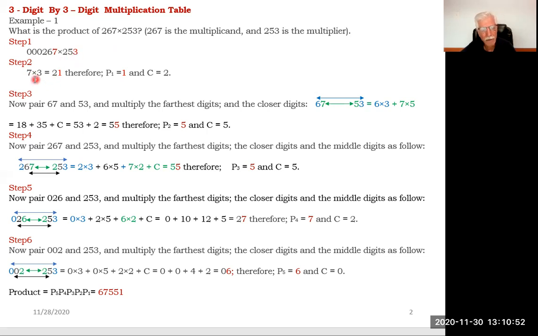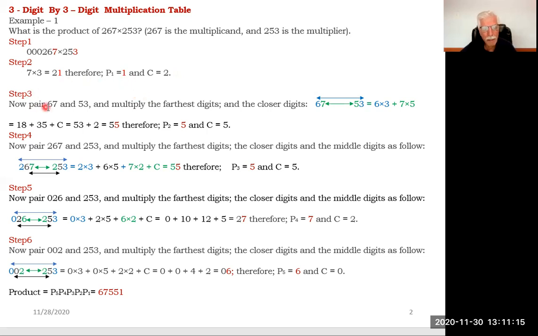If we multiply these two digits, 7 into 3 is 21. 1 is the first digit of the product from the right-hand side. So we show this one with P1. So P1 is equal to 1. And 2 is the carryover.